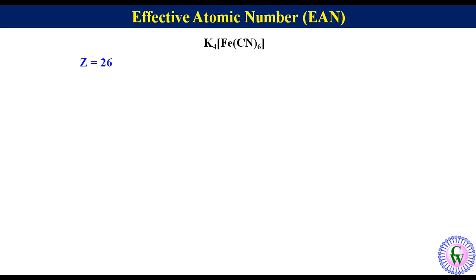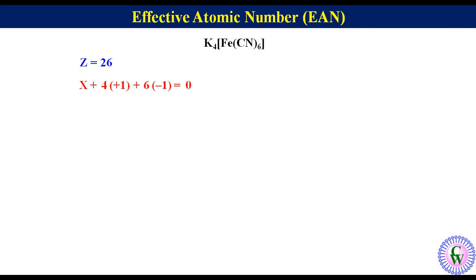Oxidation state of iron in this complex, which is represented by X, can be calculated as X plus 4 into plus 1, because there are 4 potassium ions each with plus 1 charge, plus 6 into minus 1, because there are 6 cyanide ions each with minus 1 charge, is equal to 0, since overall charge on the molecule is 0.